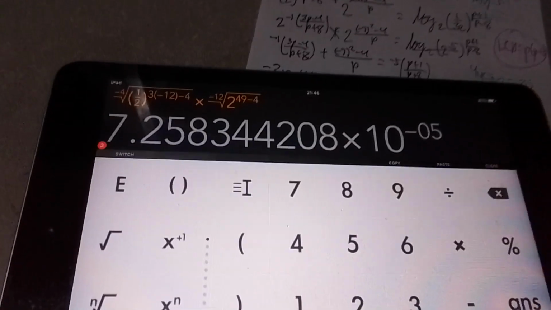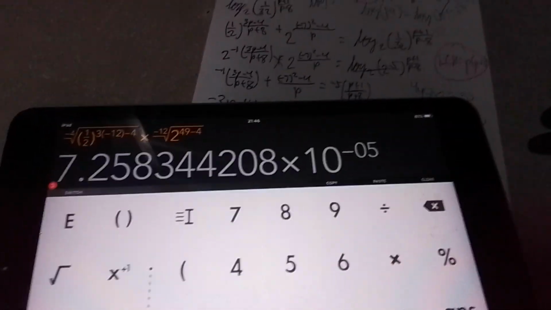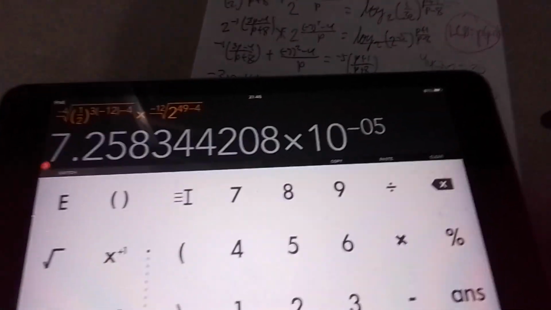Let's see if we got it right. This seems like a strange answer. Although it's not the right answer that we expected, never mind, I think this might be extraneous because we get negative roots. And I'm afraid if we have negative roots, this will make the value extraneous.